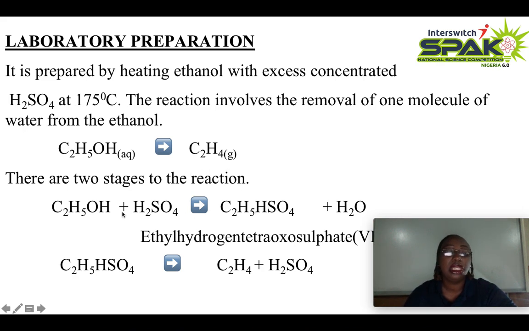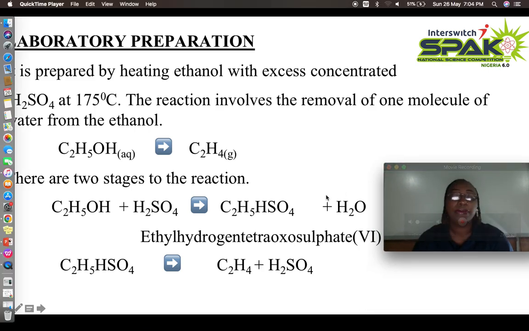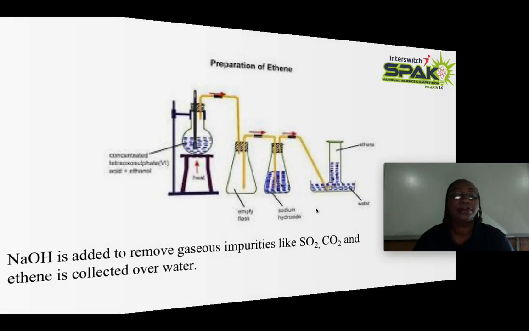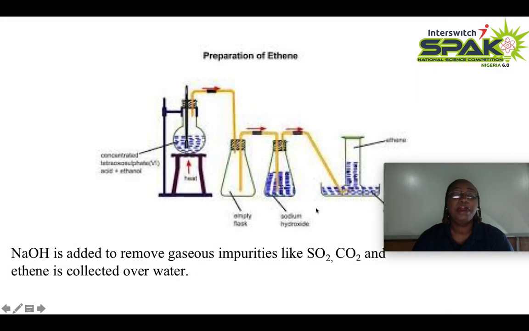First, H2SO4 reacts with ethanol to give you ethyl hydrogen tetraoxosulfate 6, and the ethyl hydrogen tetraoxosulfate 6 breaks down to give ethene and sulfuric acid. This is the preparation of ethene.